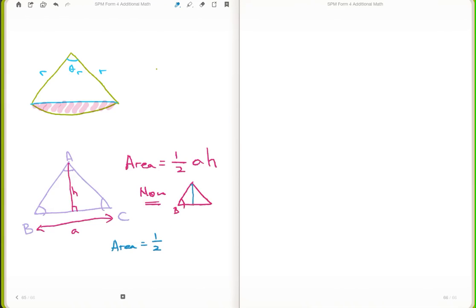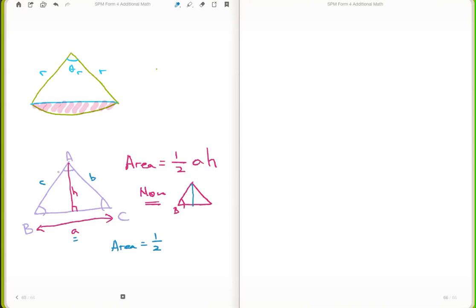In order to get this height, I know this is sine C and B. The base would remain the same, whereas the height length is opposite over adjacent.